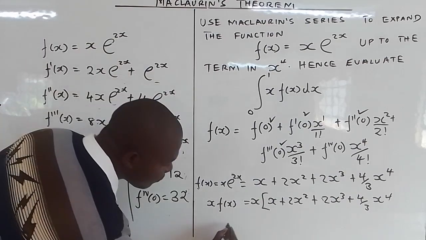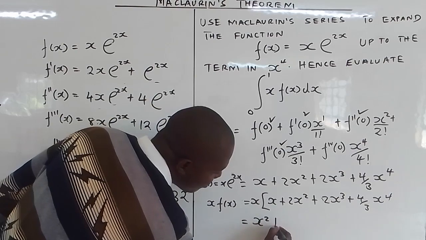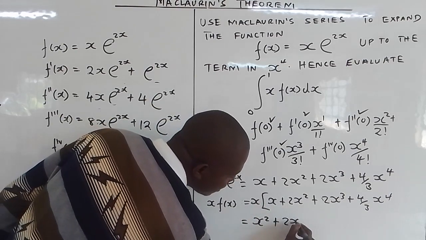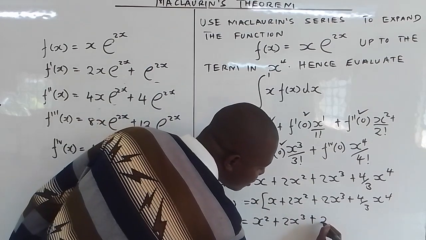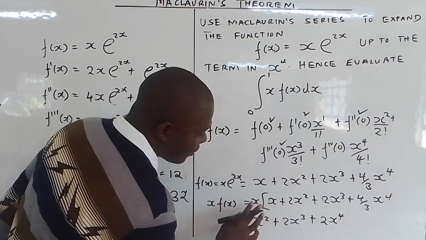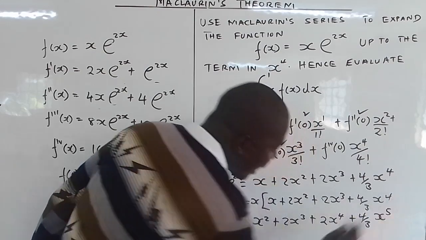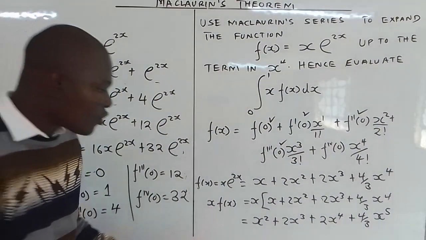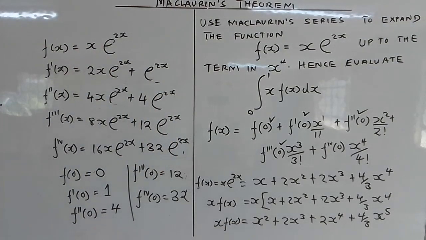You have x times x, x squared, plus x times 2x squared, 2x cubed, plus x times 2x cubed, 2x to power 4. Then x times the last term, 4 over 3 x to power 5. So you found the function f of x. Are we together?